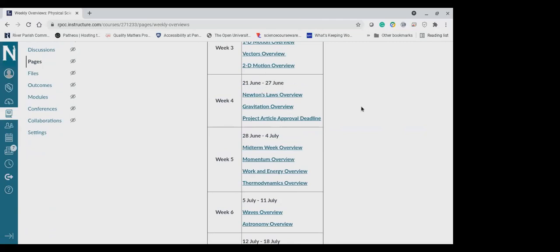Today, my goal is to get you through the Newton's laws overview. And then, as I said, Wednesday, we'll pick up the other two. And I'll talk to you about the midterm. I'll just briefly talk about it so that when it opens Saturday, you will be expecting it and know how to proceed.